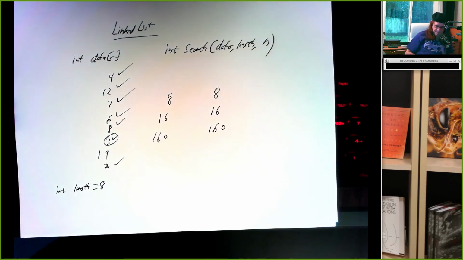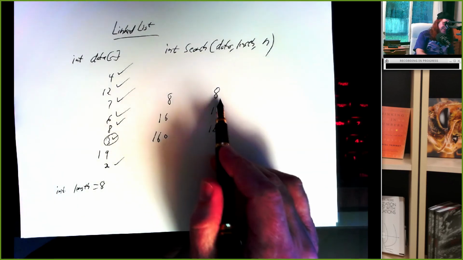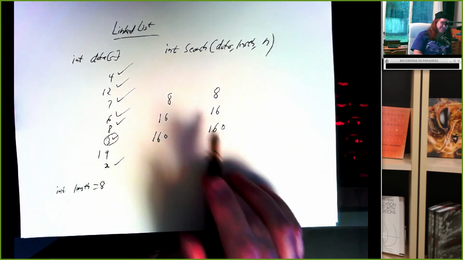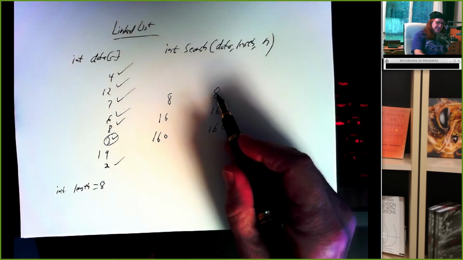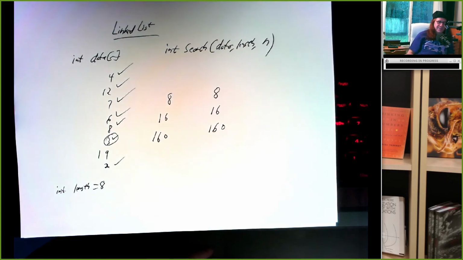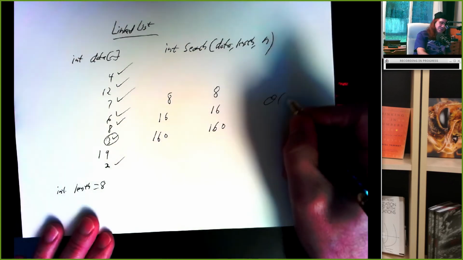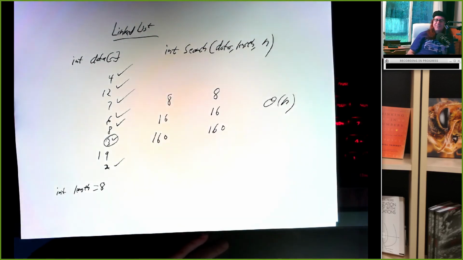This is one of the beauties of looking at the changes. If it took 8 operations for 8 pieces of data, we're seeing that this is linear. If we do twice as much work in our for loops, this might be a 16, a 32, and a 320, it's still going to be linear. This is still going to come out to be order n, no matter how many steps we're doing inside that for loop.